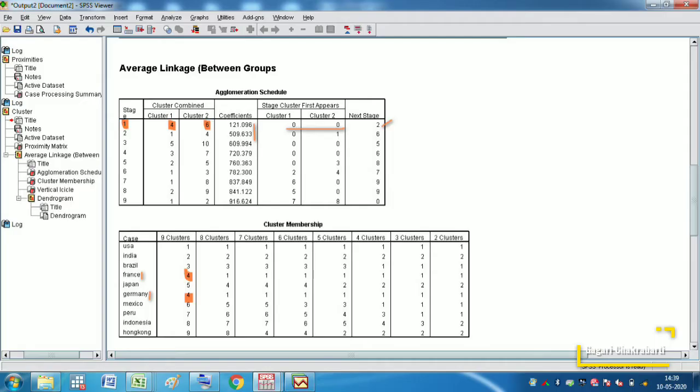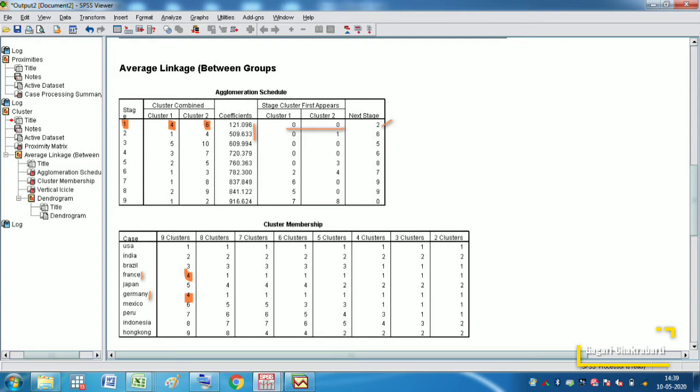Now we have the results of the cluster analysis. The agglomeration schedule shows the stages of cluster formation. The first column shows the stages. The cluster combined column shows which markets are being combined to form cluster.